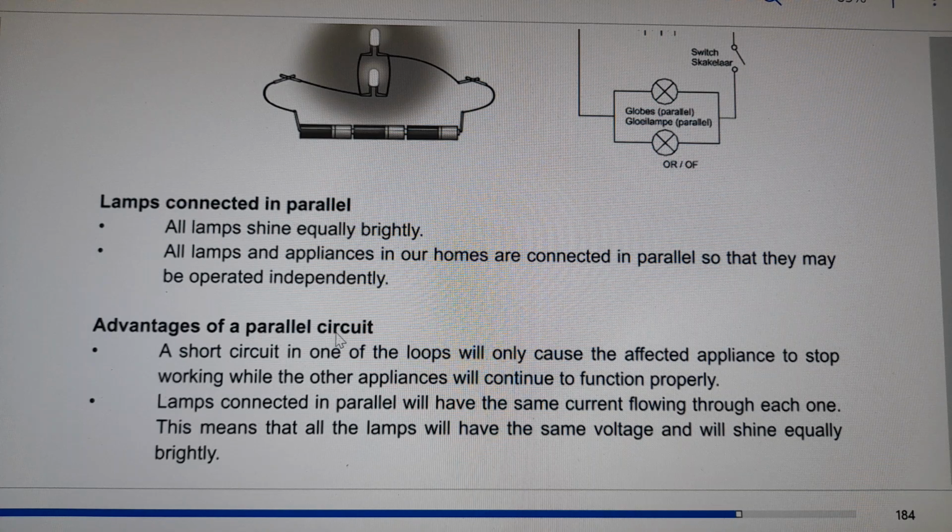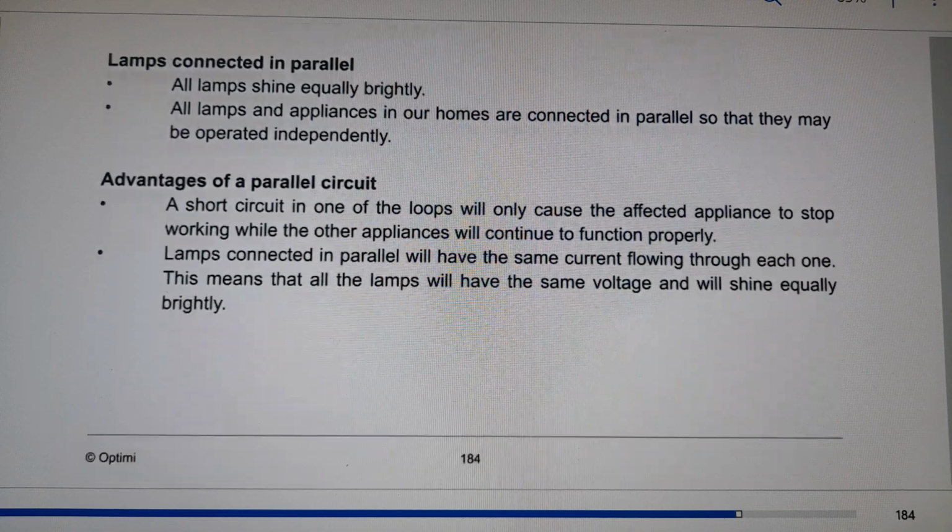A short circuit in one of the loops will cause the affected appliance to stop working while the other appliance will continue to function. The lamps connected in parallel will have the same current flowing through each one. This means that all the lamps will have the same voltage and will shine equally brightly.